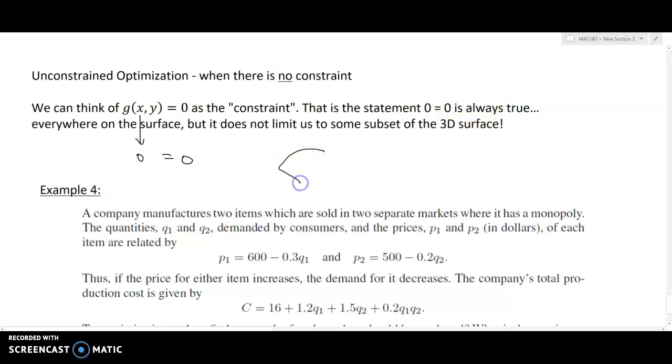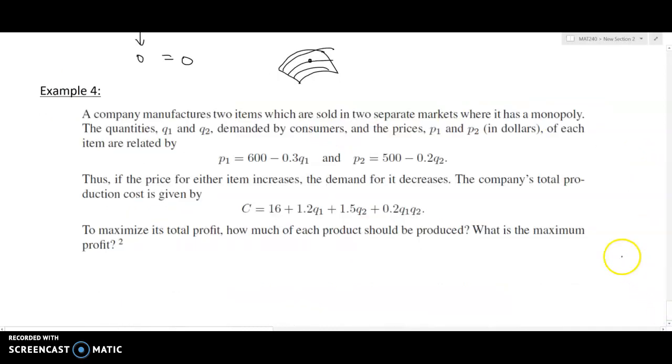So if this represents our curve, then if we're just saying that it must be the case that the maximum point lies anywhere along the curve and that 0 equals 0, well, 0 will always equal 0. So when we look at this, our maximum value will be unconstrained in that sense. So we can still solve unconstrained problems in a very similar fashion by utilizing this idea.